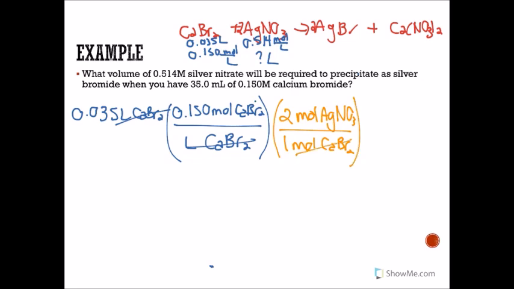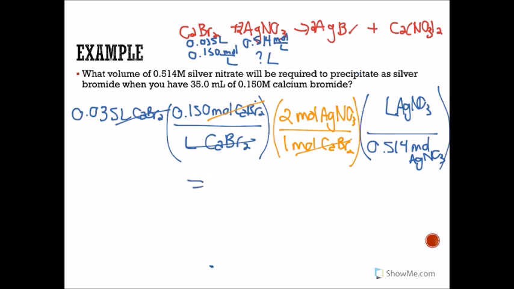Now that we have moles of silver nitrate, we are looking for liters. We have moles on top. We'll need moles on the bottom, 0.514 moles of silver nitrate goes on the bottom, which leaves us with liters of silver nitrate on the top.